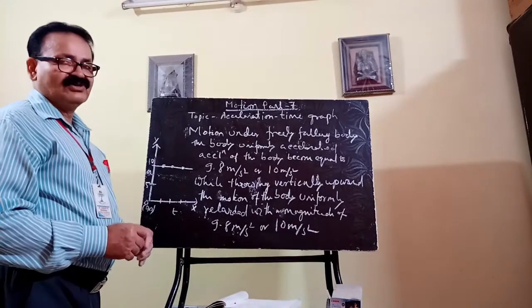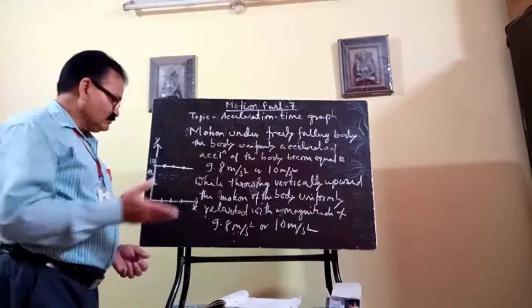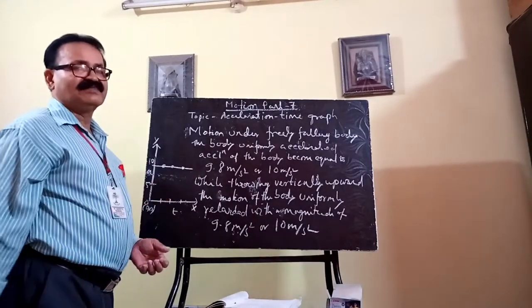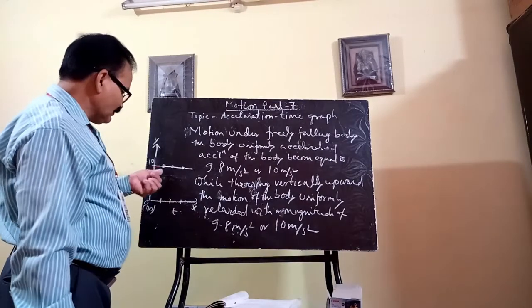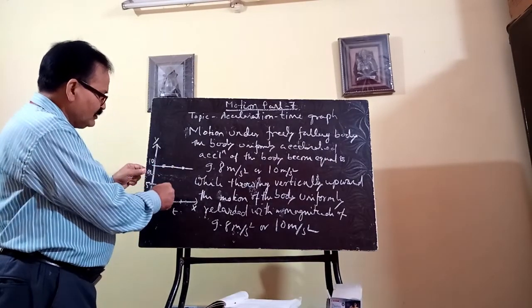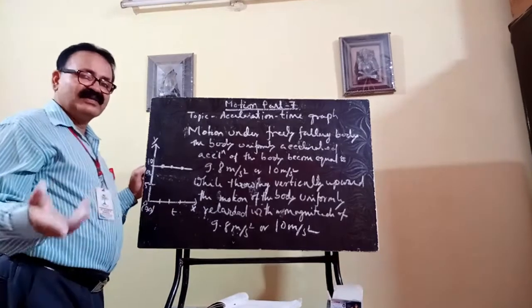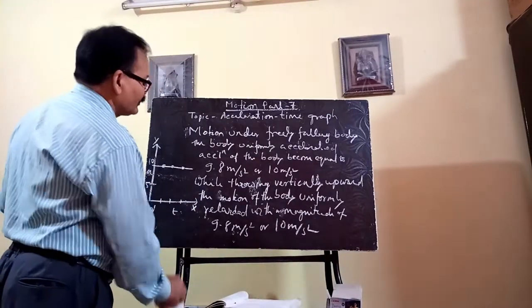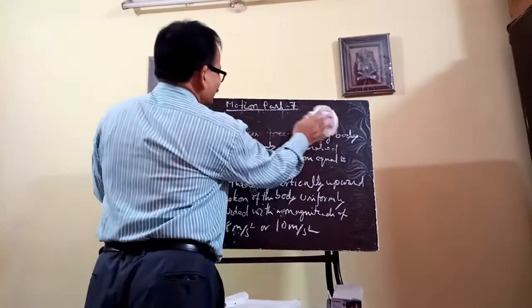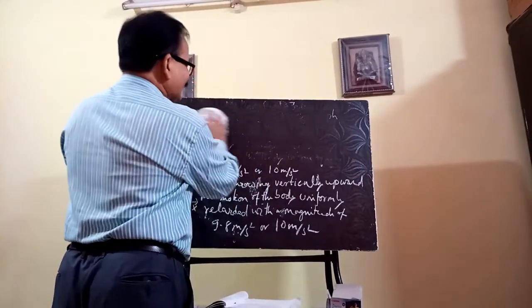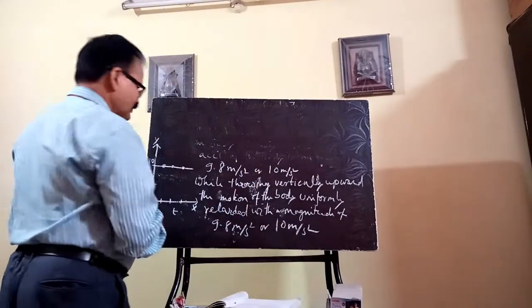From this graph also you can calculate the velocity after every consecutive time interval. So suppose after 1 second the body will have the velocity, which you can calculate from the graph.